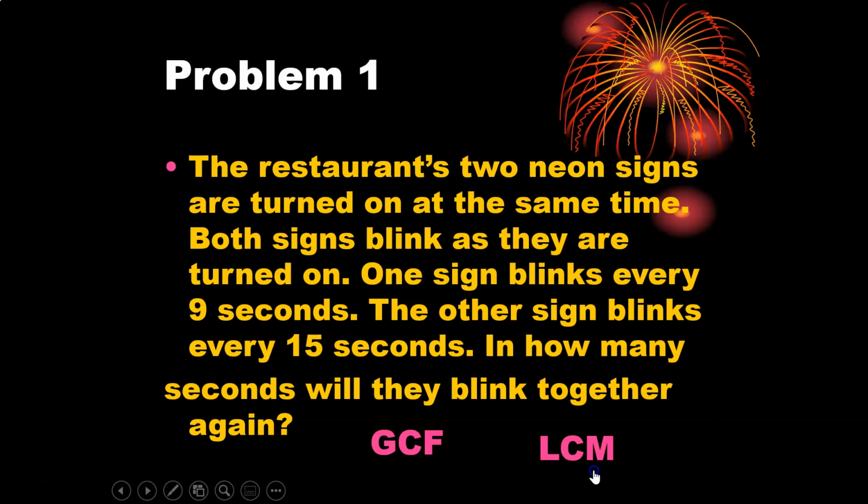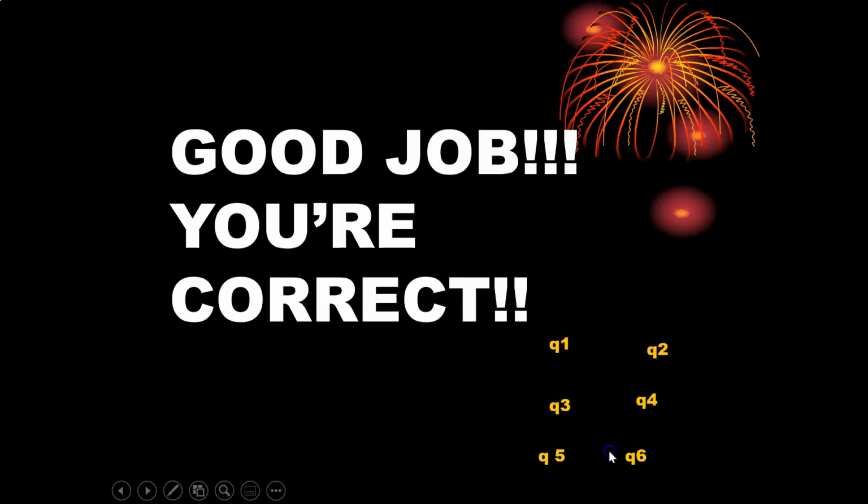At 9 seconds it blinks. At 18 seconds it blinks. At 27, 36, 45. It is an event that is occurring over and over again every 9 seconds. And then we can also write down the other one, 15 seconds. That's an event that's happening every 15 seconds. When do they happen at the same time is the common multiple. So the least common multiple is what we want to get there.